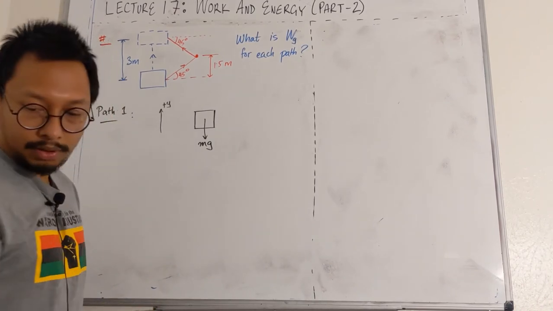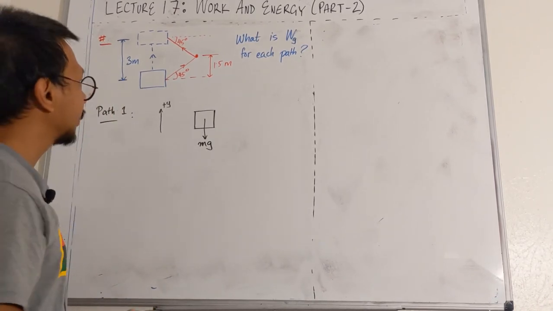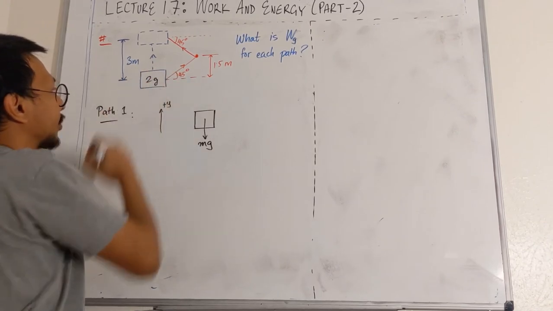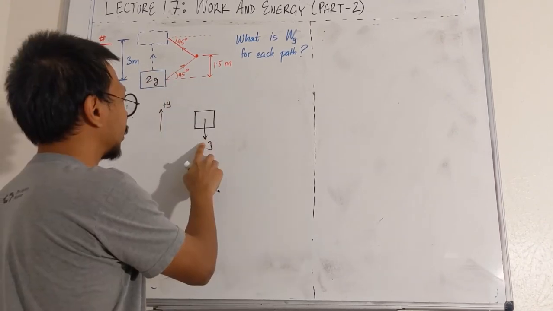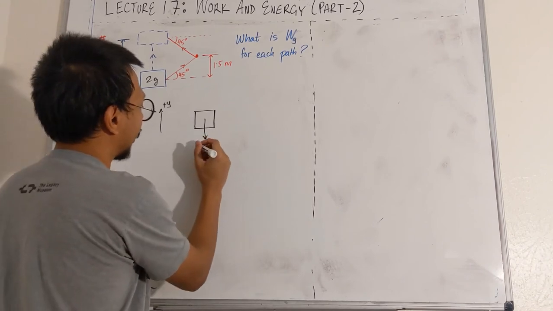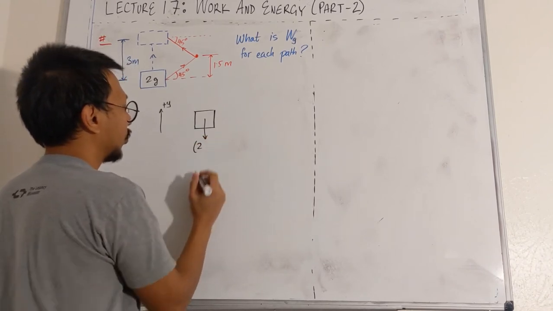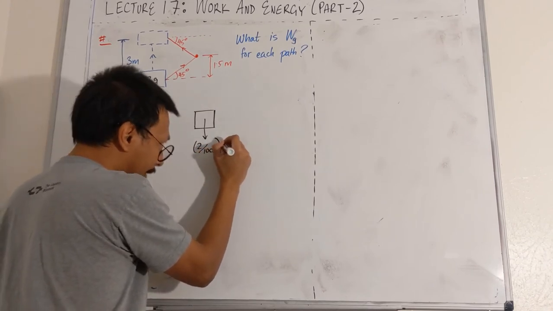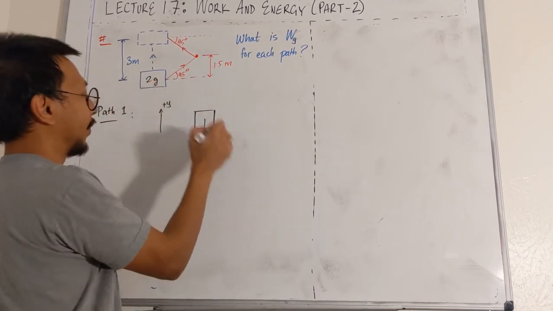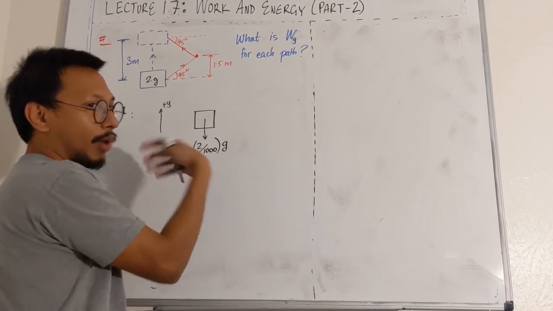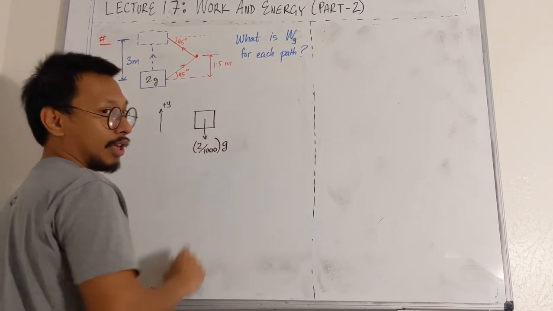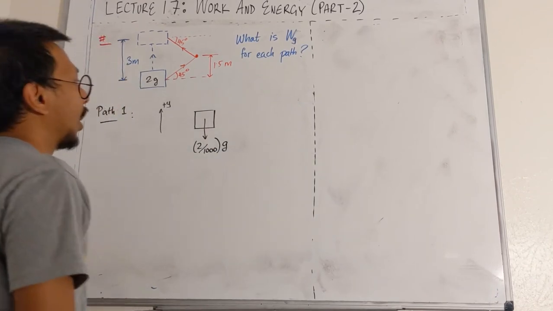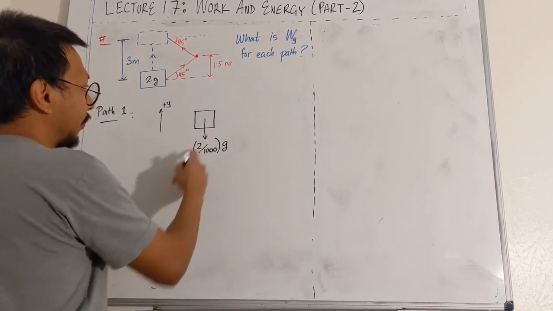Now let's say that the block is actually 2 grams. So we can write this as 2 over 1,000 kilograms times g. This g is different from the other g. This g is the acceleration due to gravity, because this is a force. Anyways, let's move on, and this is the only force acting on it.